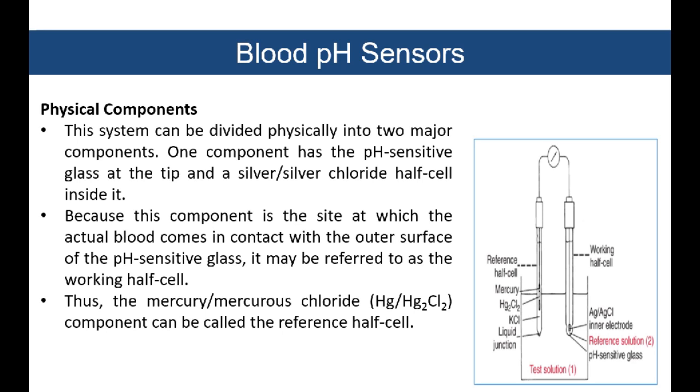On the right side of the diagram we have the working half cell, in which silver chloride is implemented with the inner portion of the inner electrode, which is in the known reference solution, together with the pH sensitive glass, and in that beaker the sample solution is added.